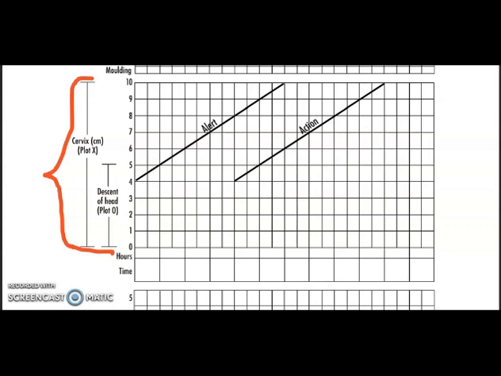Now, this cervical dilation is the one that will determine whether to open the partograph or not. So you only open the partograph when cervical dilation is at 4 or above 4. That's when you open the partograph.